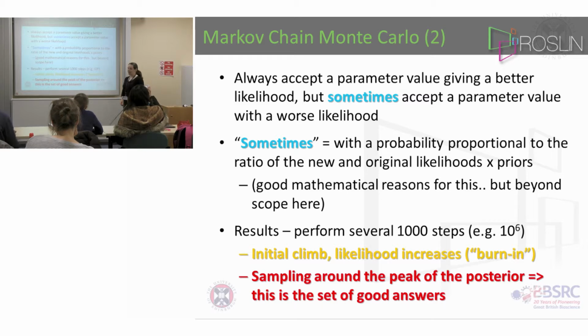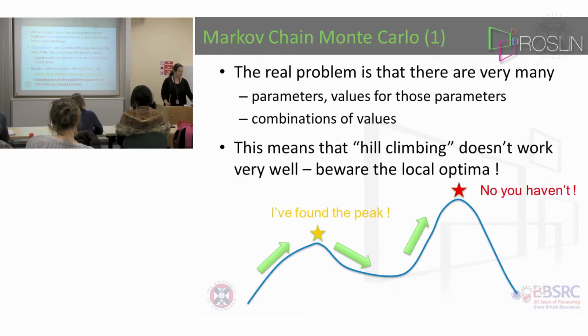Sometimes, in this case, actually it itself has an algorithm. And in this case, sometimes means that you accept the worse move with a probability proportional to the ratio of the new and the original likelihood times the priors. So I'll just flick back to show you.